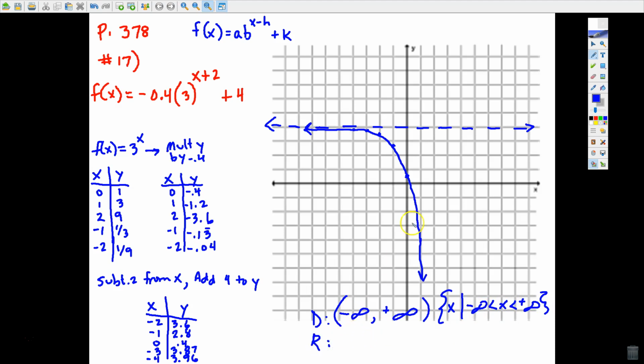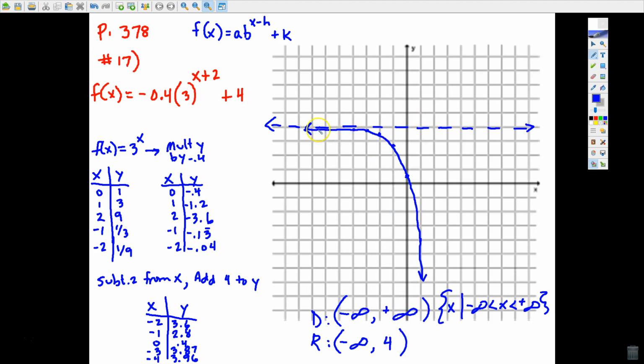The range is a little different since our graph has flipped over. Now we have an upper bound number of 4, and we have all of the numbers below 4. So if you're going to use interval notation, once again, you always put negative infinity on the left side. So it's almost like you're coming up from the bottom, and your upper bound, your right side of this interval, will be positive 4.